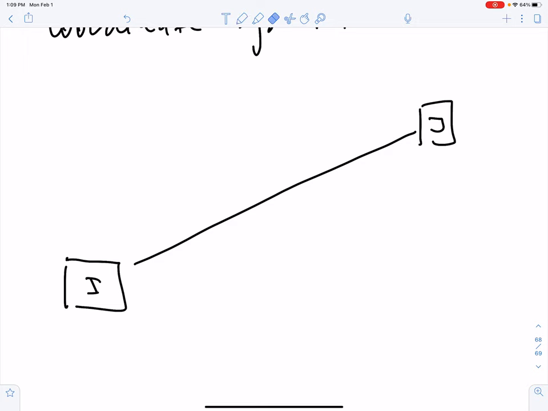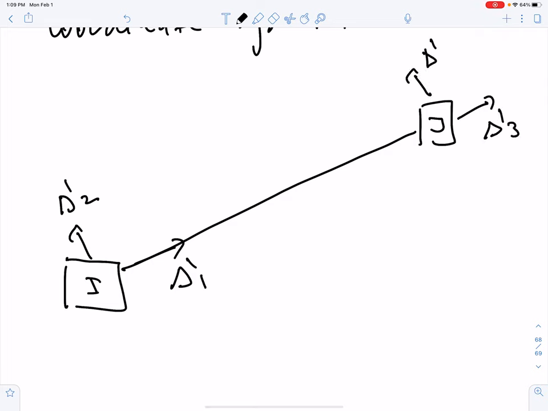And I will denote my displacements as delta prime 1, delta prime 2, delta prime 3, and delta prime 4. Okay. Now, at the same time, I'll look at the same element in the basic coordinate system, right?